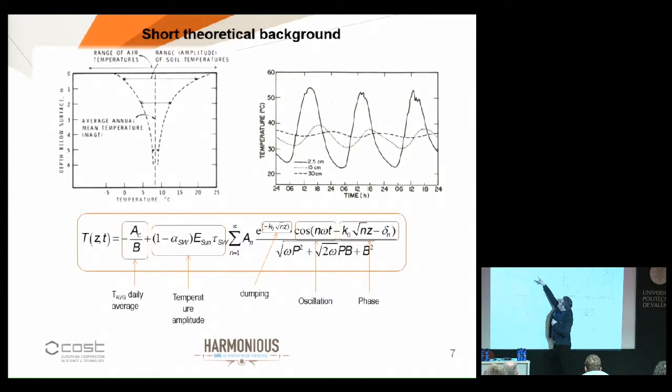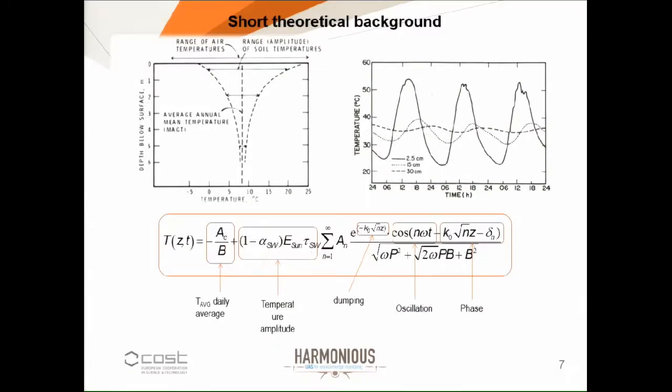And this second one is the maximum temperature, which is a couple of hours after midday, and it decays exponentially to the same value, or almost the same value. And the thermal behavior in time at the surface and with depth, with the peak that is moving forward, and also the amplitude of the temperature that is smaller with depth.